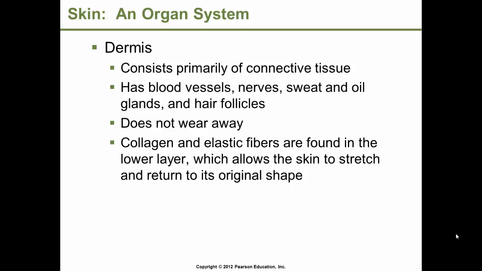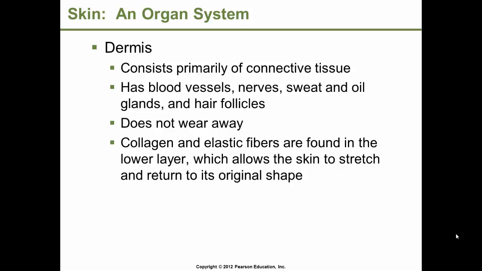The dermis consists primarily of connective tissue. It is the layer that has blood vessels, nerves, sweat, and oil glands, as well as hair follicles. The dermis is a much thicker layer and more complex. The dermis does not wear away. It's not replaced. The collagen and elastic fibers found in the lower layer allow the skin to stretch and return to its original shape.